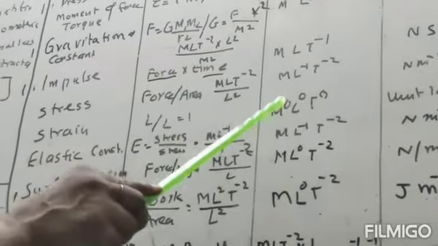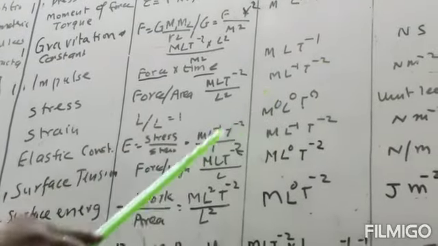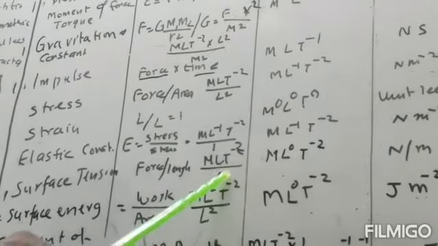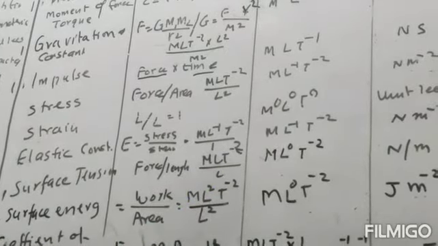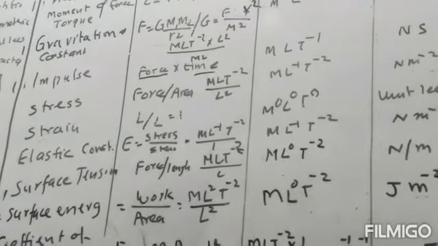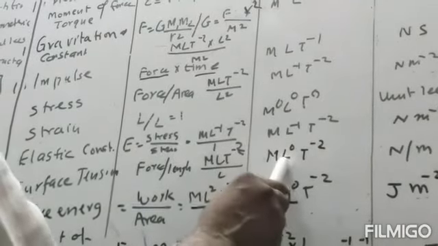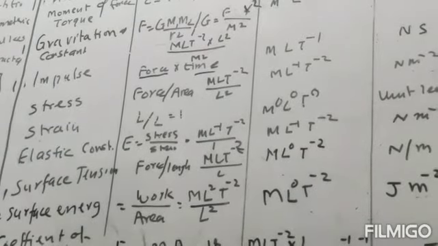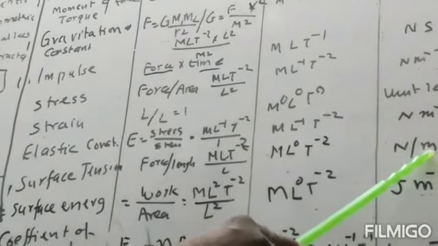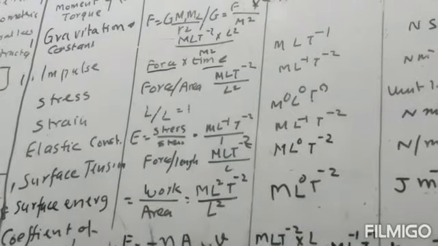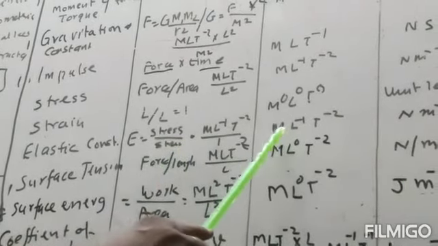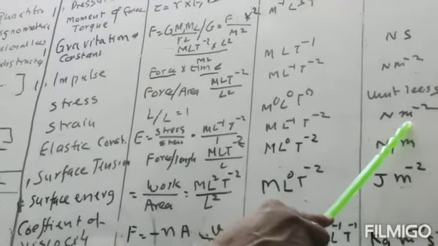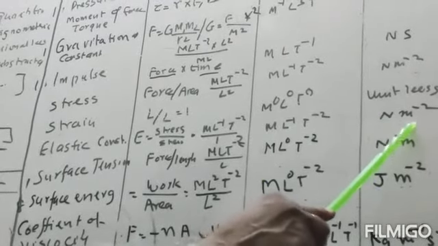The strain is dimensionless, so the dimension will be ML^-1 T^-2, and the unit will be Newton per meter square.